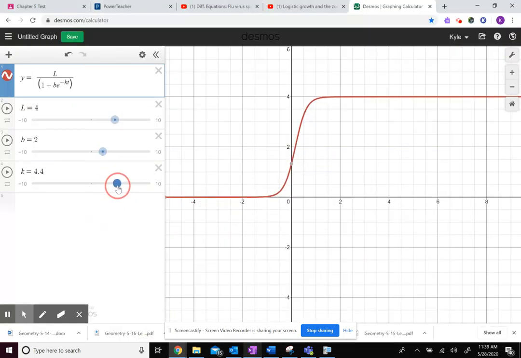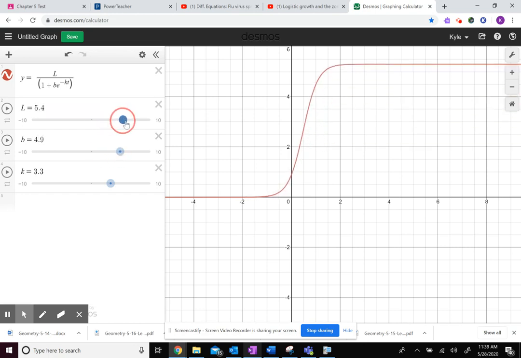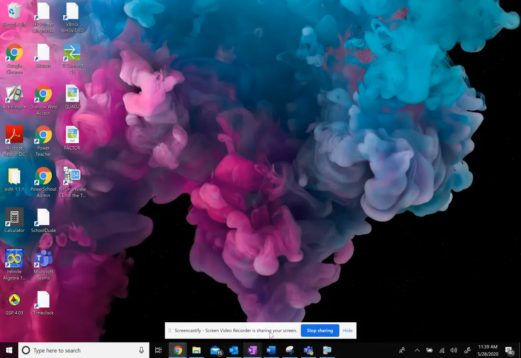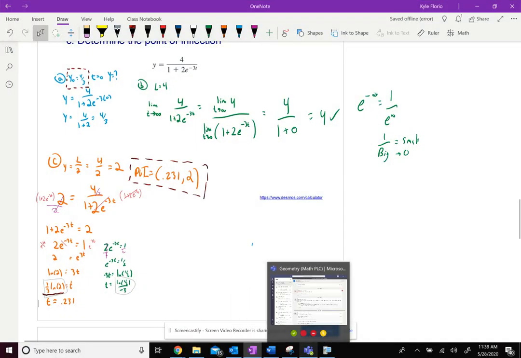The higher your constant is, the faster your graph is going to slope up. It's going to have a quicker rate of change. How does b affect it? It looks like it's pushing it over to the right a little bit. And the carrying capacity tells you how high you can go. That's how much your population can handle.